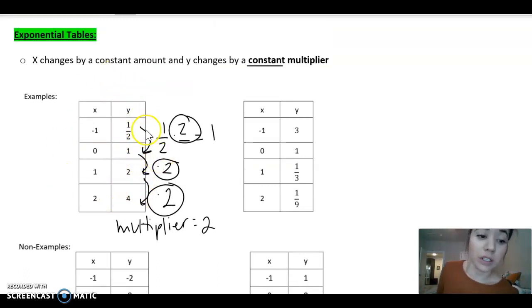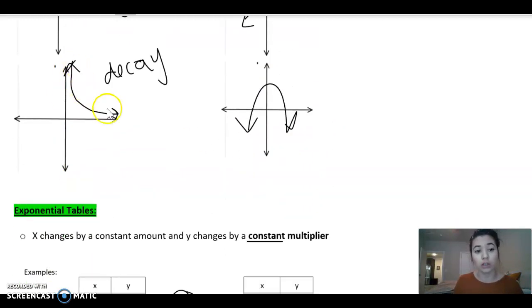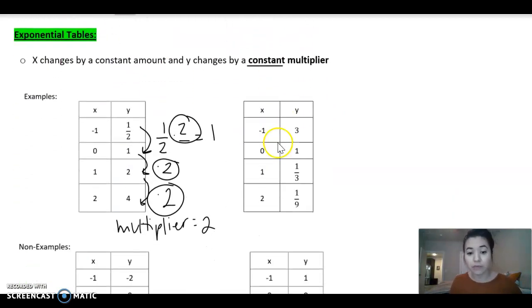So this one is growth. This one is slightly different. If you look down as we go down, my numbers are getting smaller. So this one is an example of a decay graph, a decay table. When we see our numbers getting smaller, they're approaching 0, which is like our decay.